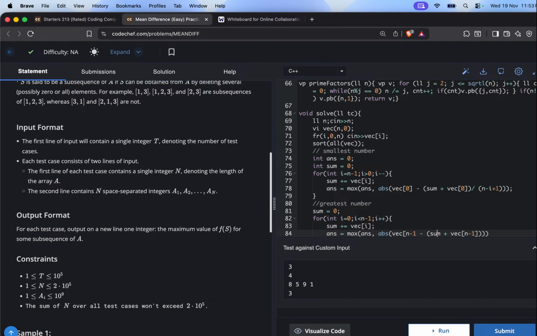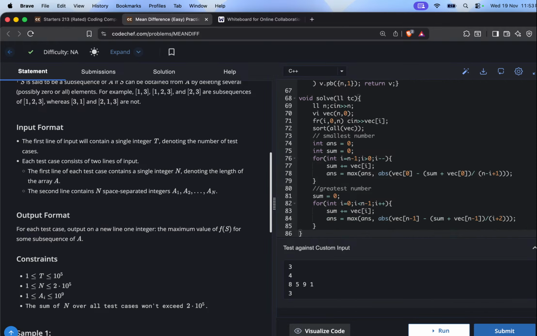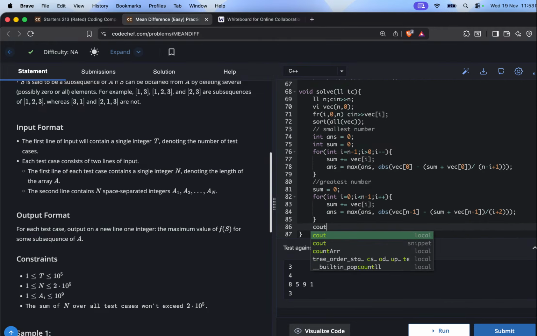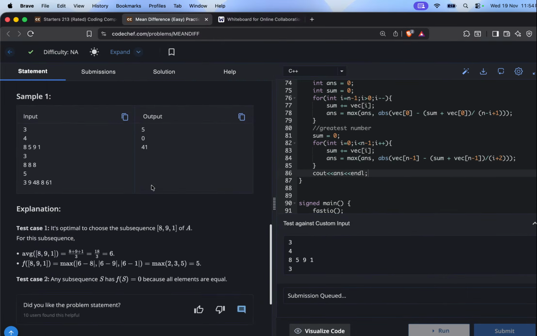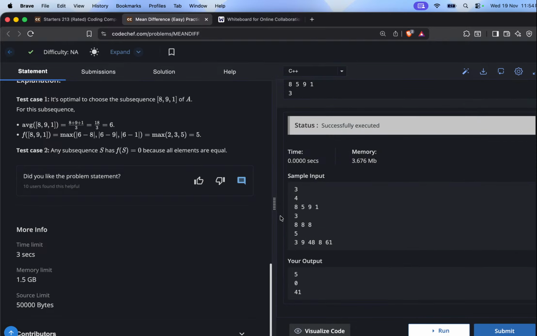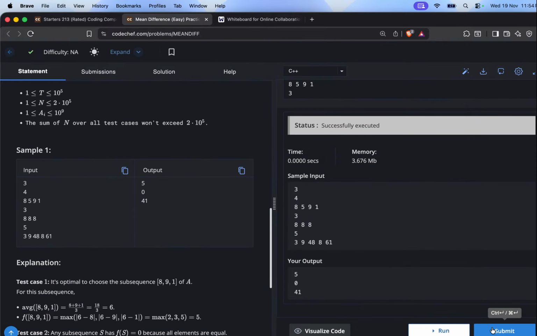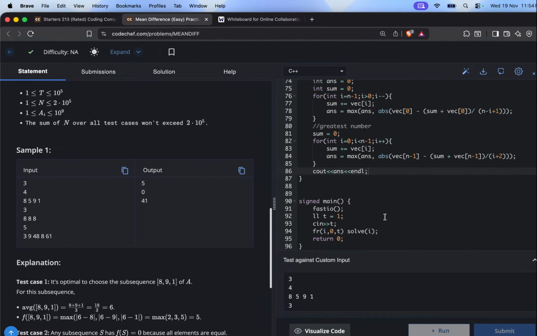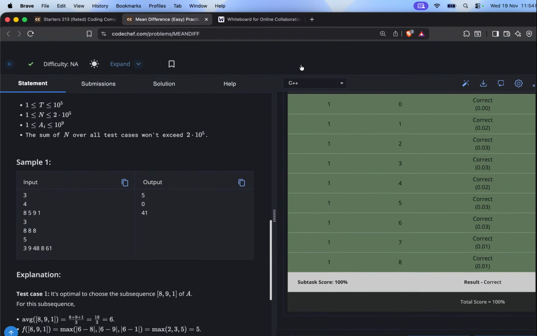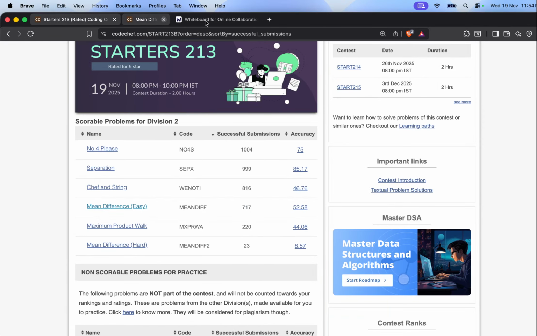If I goes to n minus 1 and ends here, the size is I plus 2. At the end, output the maximum answer we got. And this is accepted. Let's move to the last problem for today.